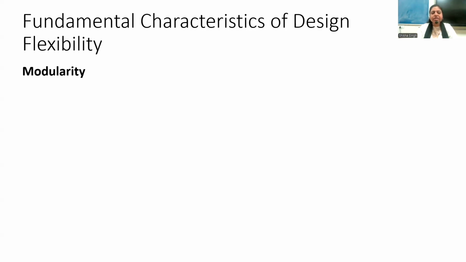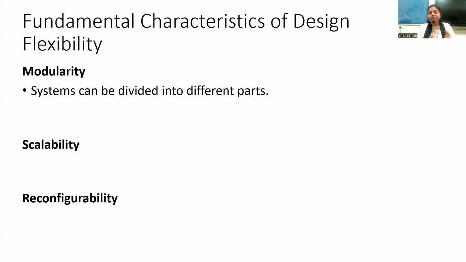Now the characteristics of design flexibility are modularity, then scalability, then reconfigurability. If you see what modularity is, as I already explained, it is dividing a system into different segments or different parts, right? So if a particular module or sub module fails, you can replace it.